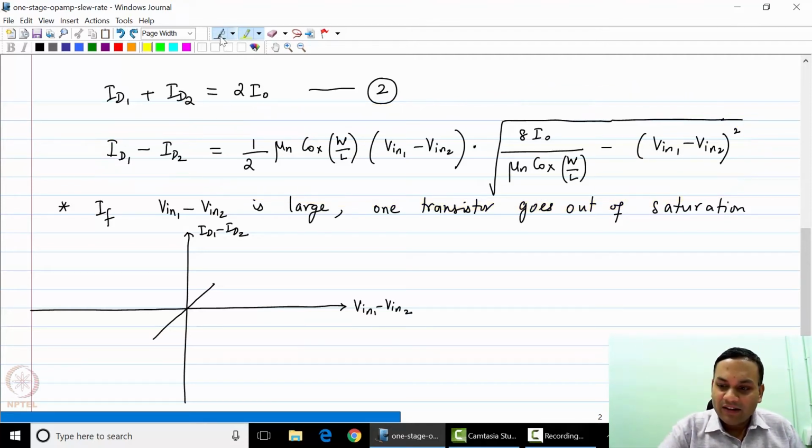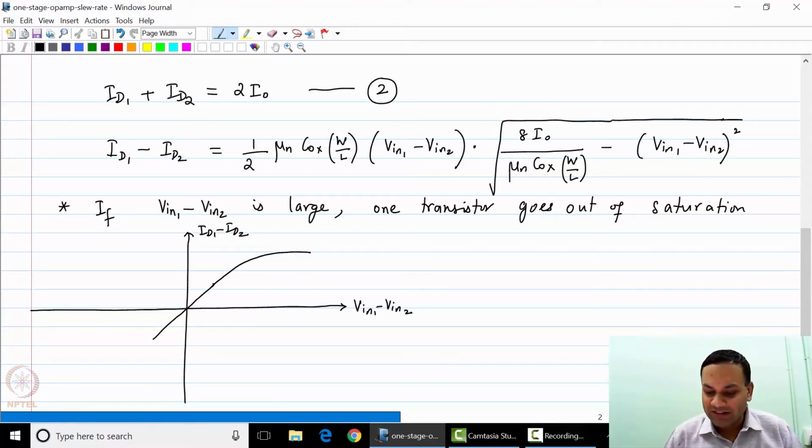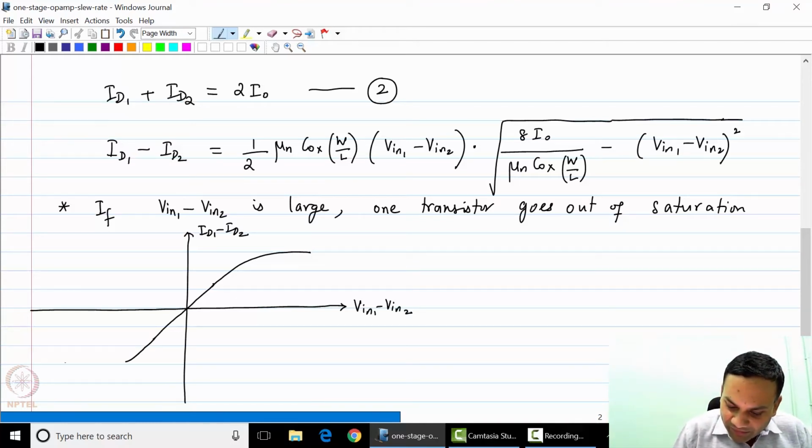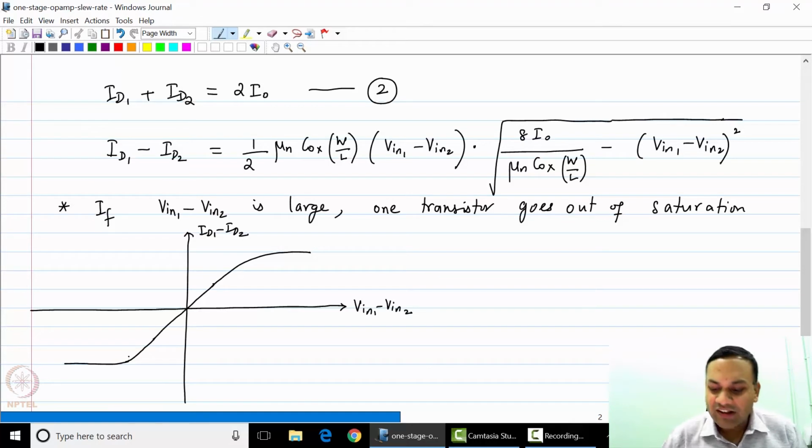If V in 1 minus V in 2 becomes large, this relationship becomes non-linear in some manner that you can determine by plotting this curve. Now what we are interested in are a couple of points on this curve.